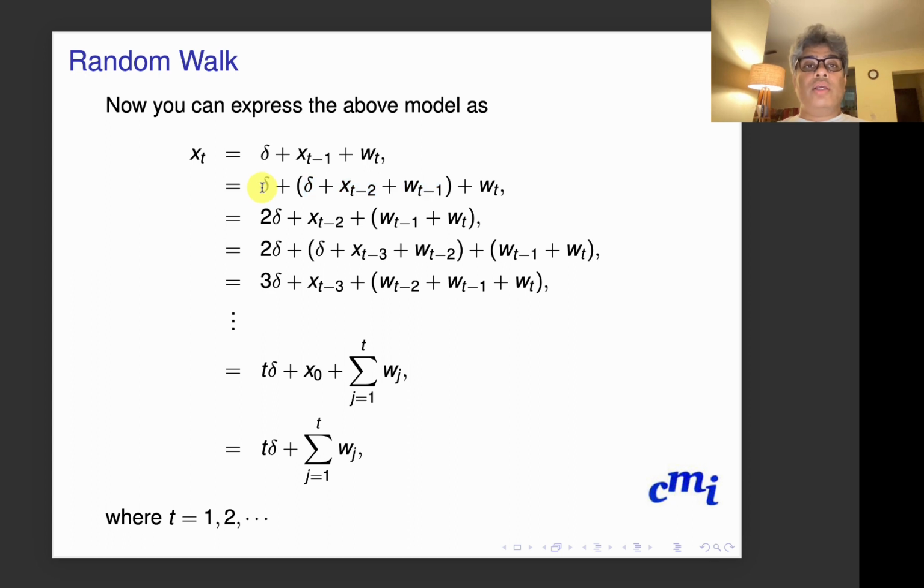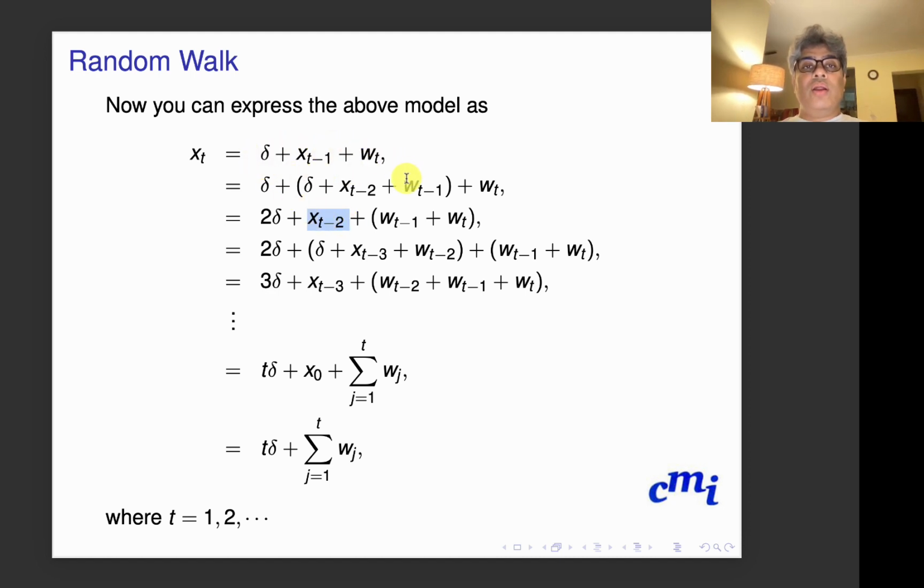What you get is delta plus delta, 2 delta here, and you get x_{t-2} and w_{t-2}. So x_{t-2} comes here, and w_{t-1} and w_t can be plugged in here, bracketed here. Now you've got x_{t-2}. You can write it again.